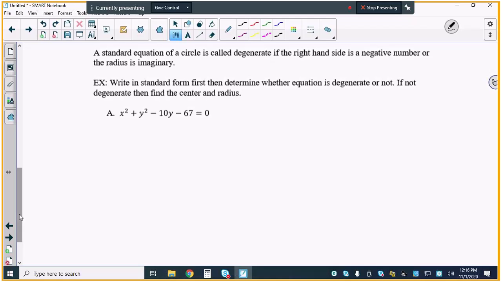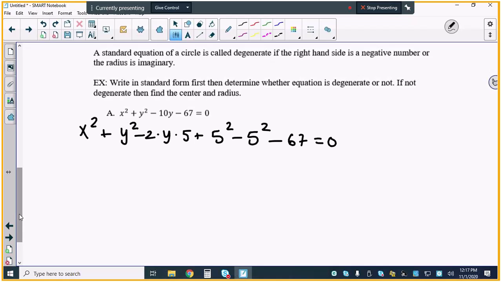So first what I do, since there is only one x term, I know that it is already completed. For y, I would write it as y² − 2 times y times 5, so I need 5² added and subtracted, minus 67 equal to 0. Then x², write it as (x − 0)². For y, you write (y − 5)².